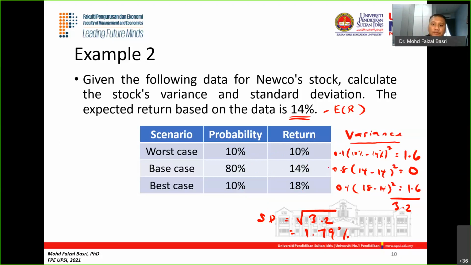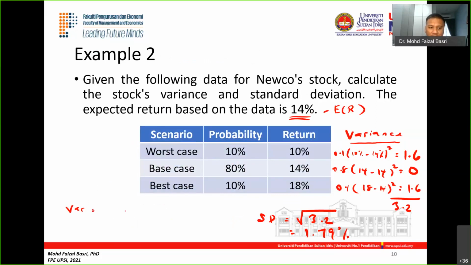Okay, so this is how we measure the variance and the standard deviation. Again, for this variance, I use the table to help me get this answer, or else you can use this format as well. For this format, it will be slightly longer.